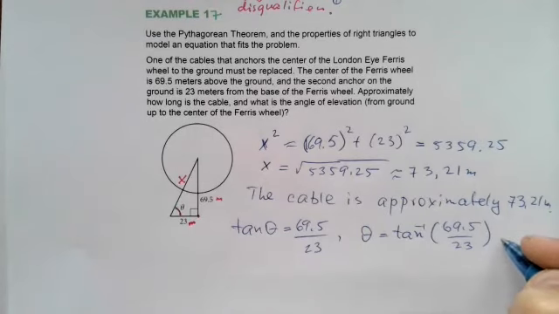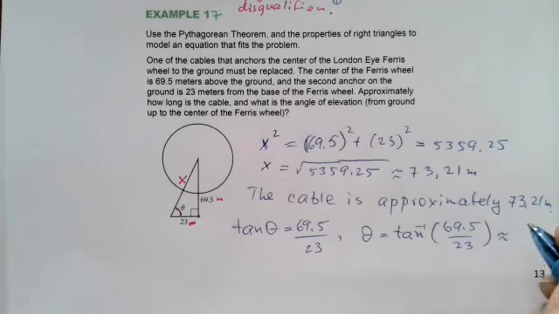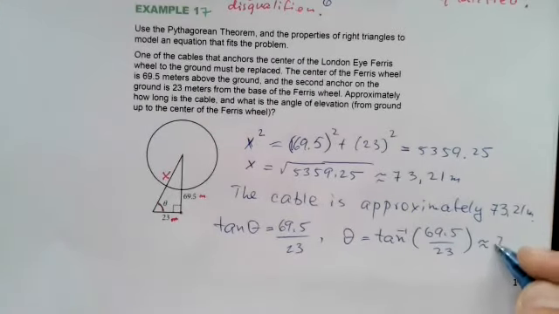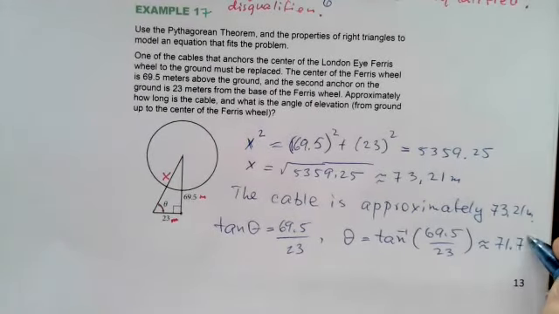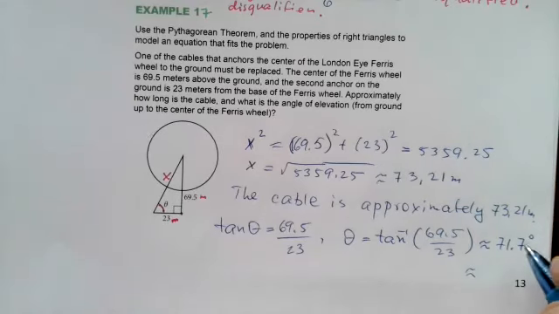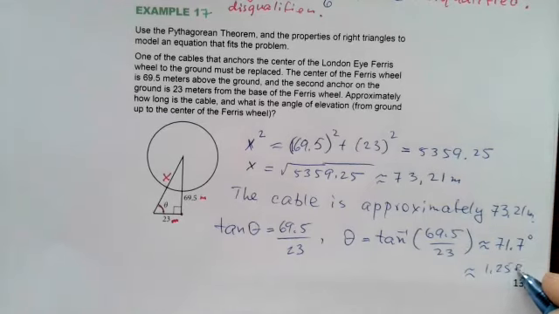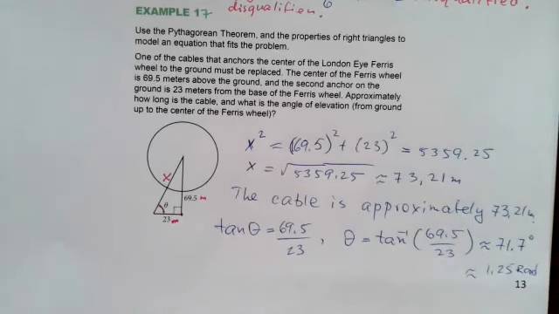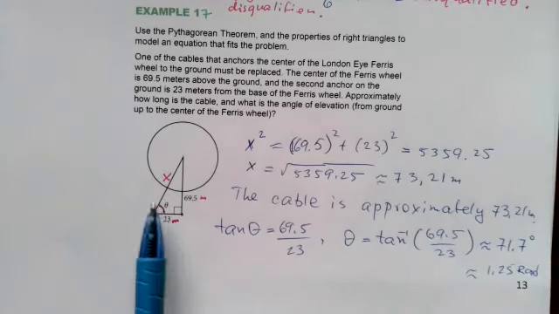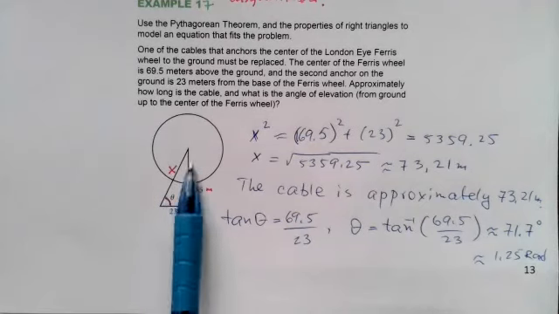And when we put it into our calculator, we're going to get approximately 71.7 degrees if your calculator is in degree mode. If it's in radians, then you're going to get 1.25 radians. Okay, and that's it. So we found theta, and we found the length of the cable.